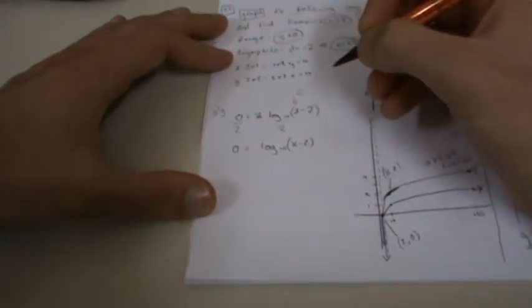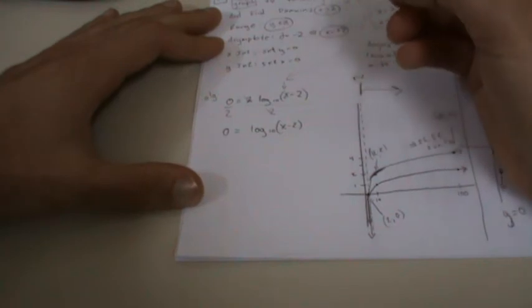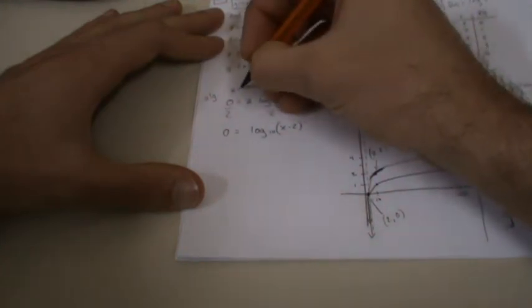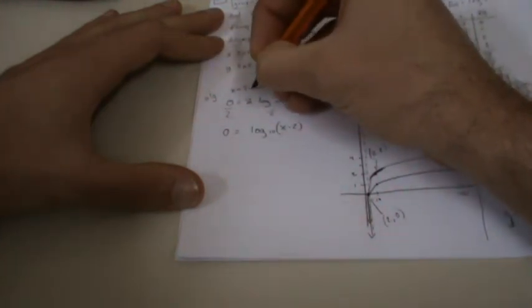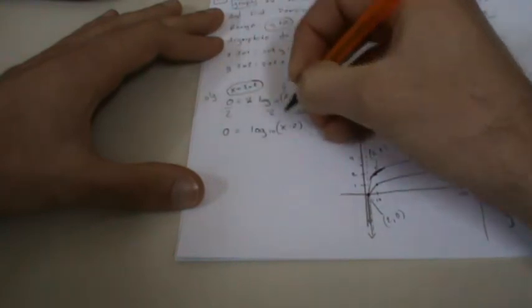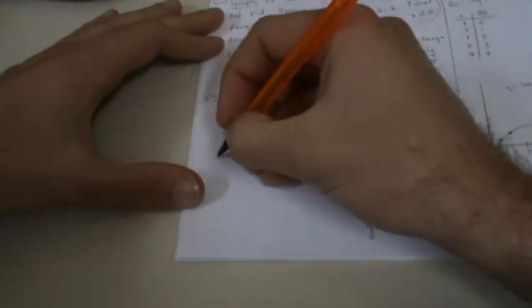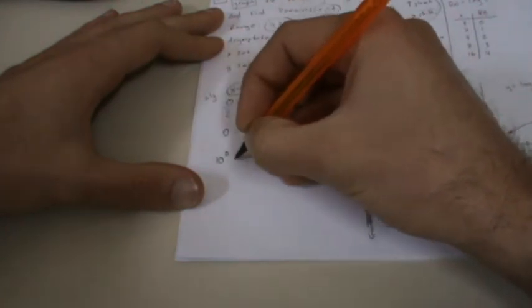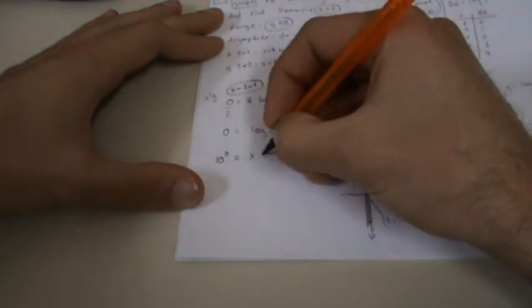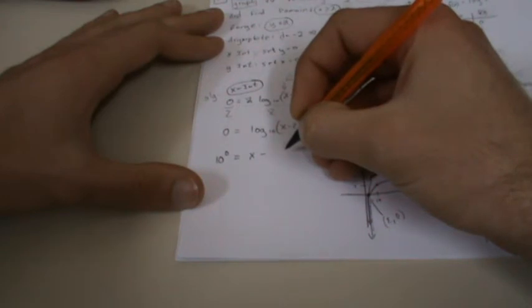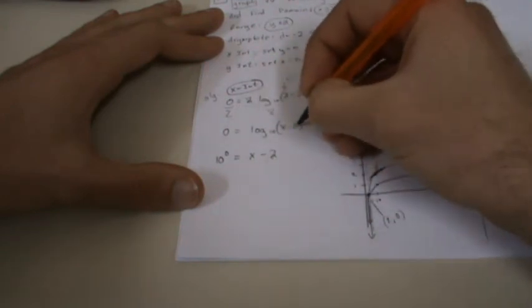And now what I have here is a definition of logarithms. Remember, I'm trying to find my x-intercept right now. My definition of logarithms says that 10 raised to this power, or 10 to the 0, is equal to x minus 2, or the argument.